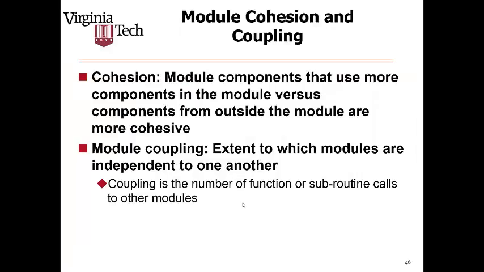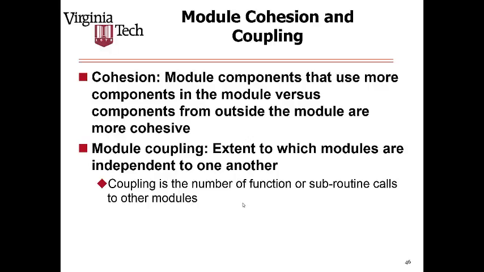Well, in programming, we have the ideas of cohesion and coupling, and I'm sure you've talked about those in software engineering, so I'm just mentioning them here briefly, with the idea that when we are making a program module, we want modules that are more cohesive in that they use subroutines and functions that are part of the module more than they use subroutines and functions that are part of other modules.